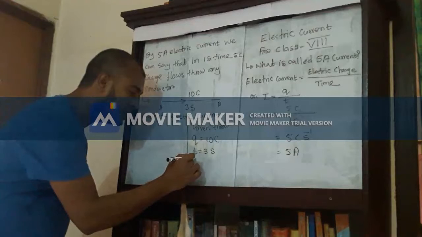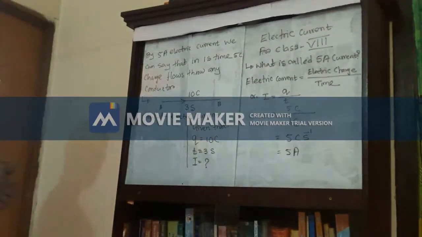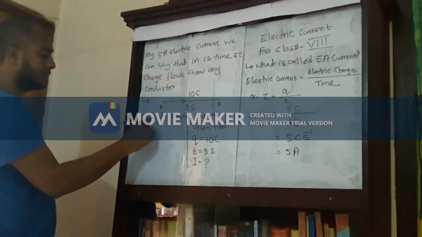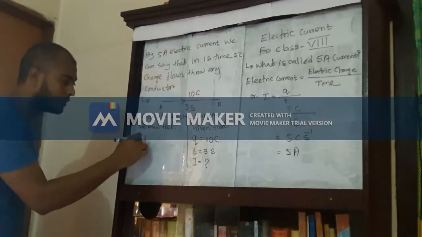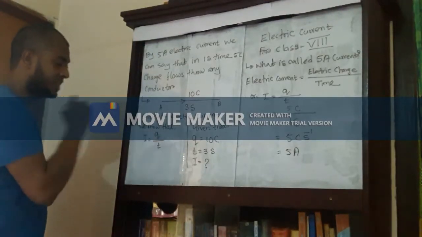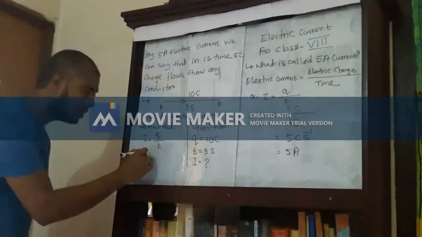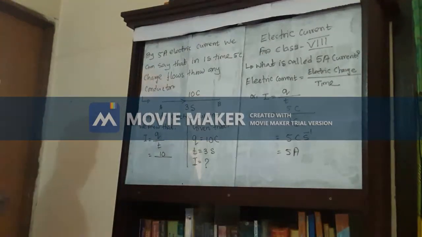Now I have to calculate the amount of current I. So the amount of current will equal to what? We already know that the amount of current I will equal to Q divided by T. So Q is 10 coulomb, and T is 3 second time.